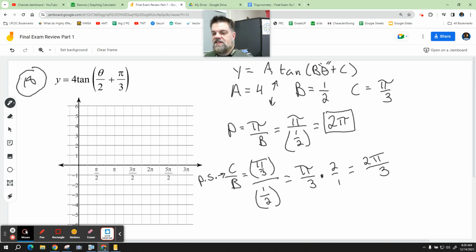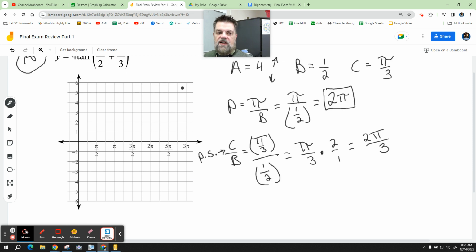Yeah, that's not fun. All right, so let's think about this graphically and what this would look like. Normally, tangent goes from negative 1/2 pi, comes through the origin, and has a vertical asymptote at 1/2 pi, and then pi after that, and then pi after that.